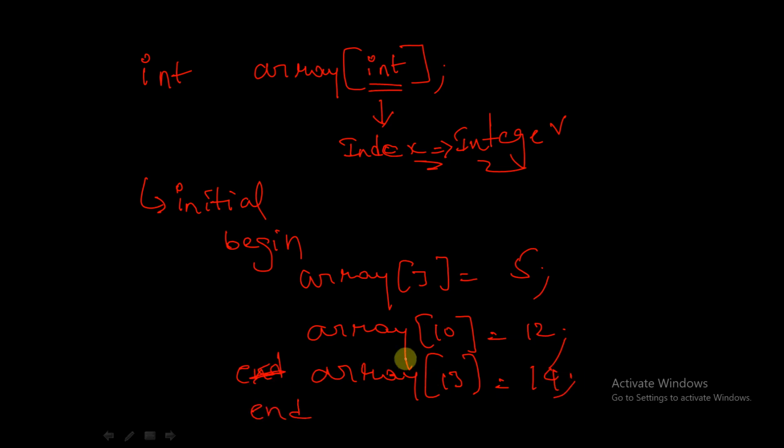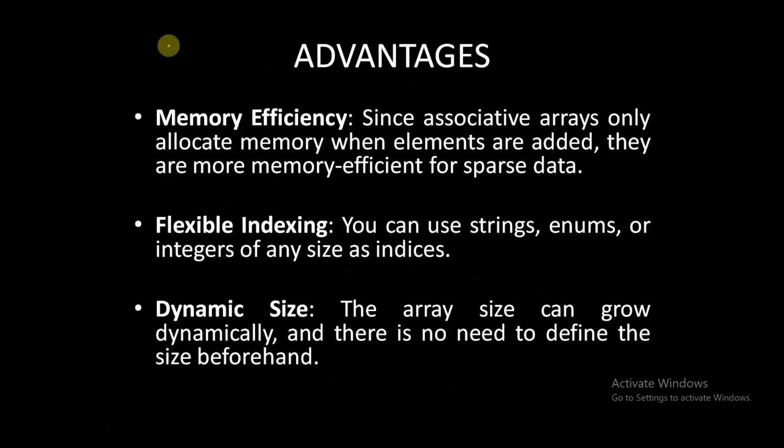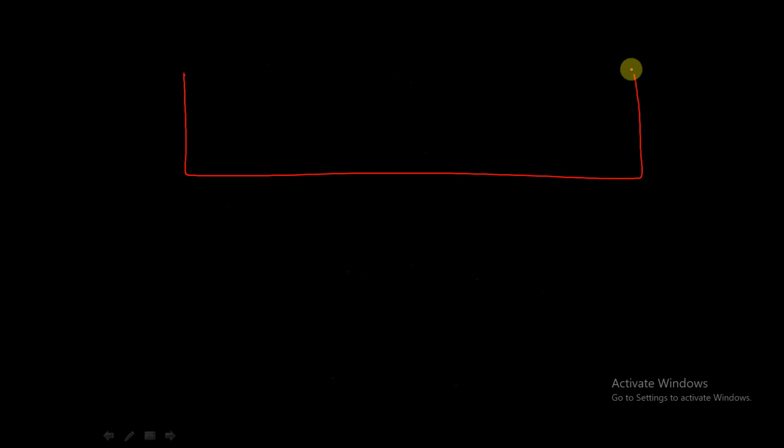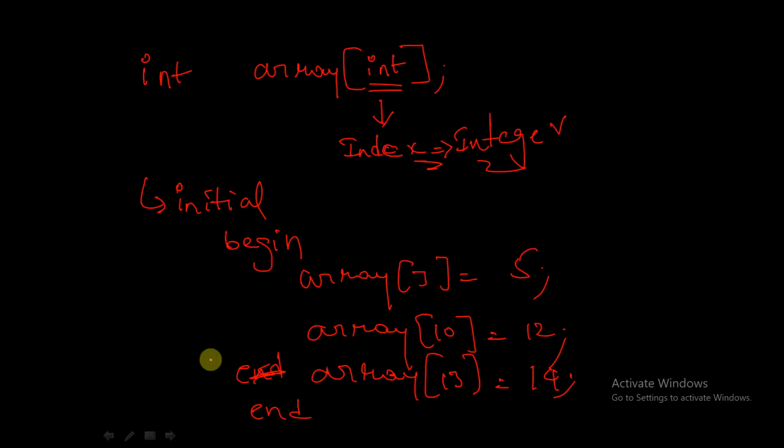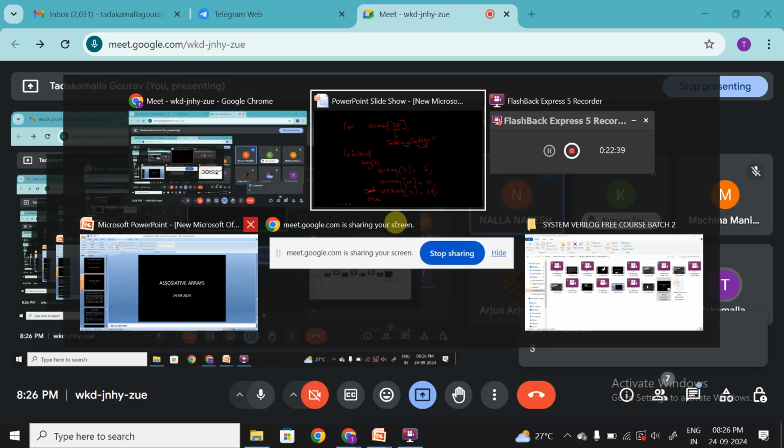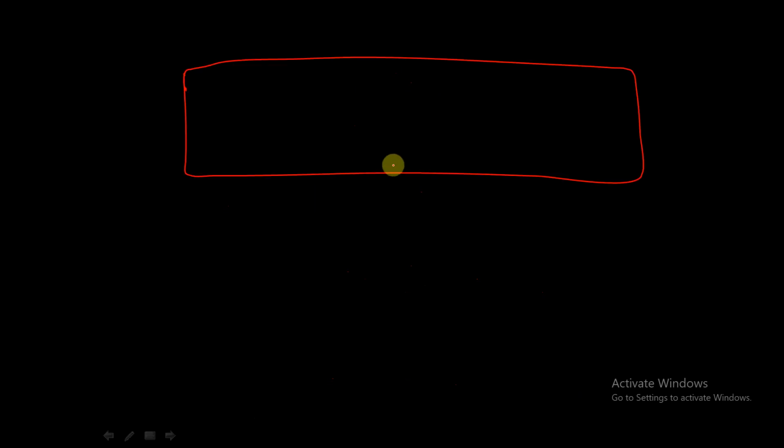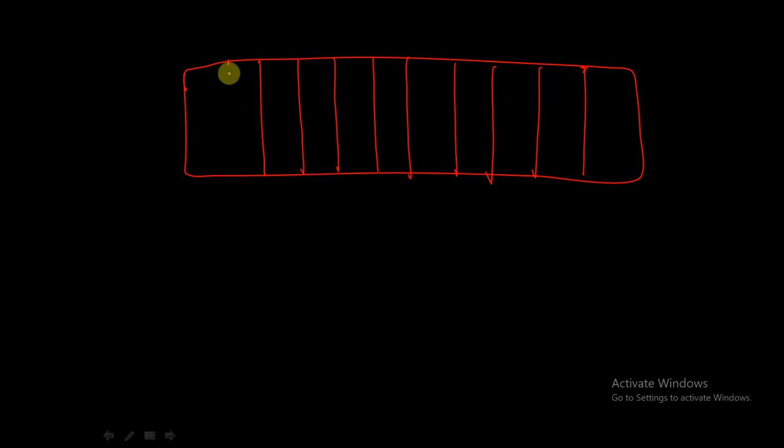Can anyone tell me how many memory locations are there in this particular array? Three locations. Yes, there are total 3 locations, right? So let me draw the locations. Here we are storing the data.